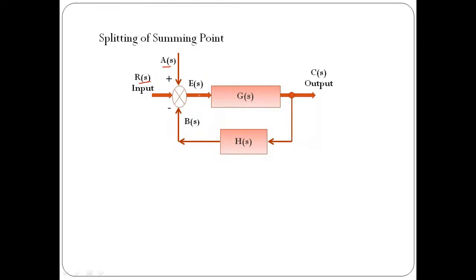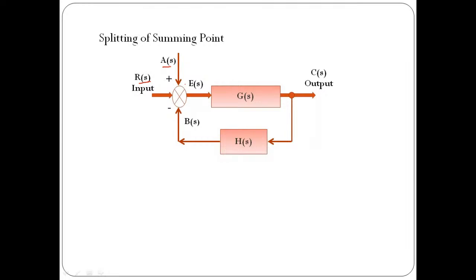Now it is possible to split this summing point into two or more summing points. Yes, we can apply that logic too, because if we can interchange the position of summing points connected directly back to back without any takeoff point or block in between them, then it is also possible to split a summing point. While applying any rule of BDRT, I told you the output should not change.